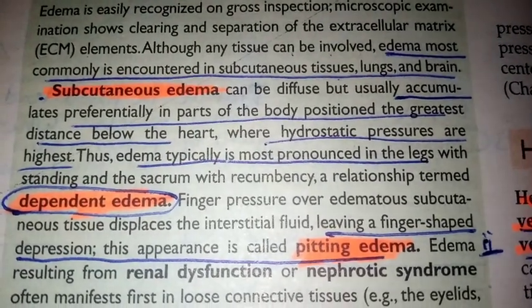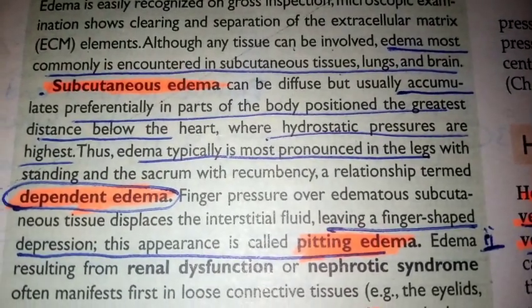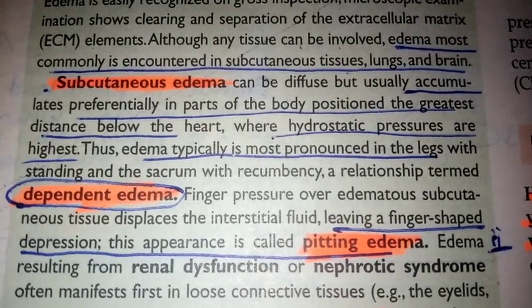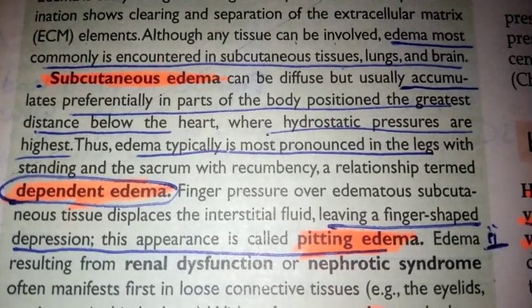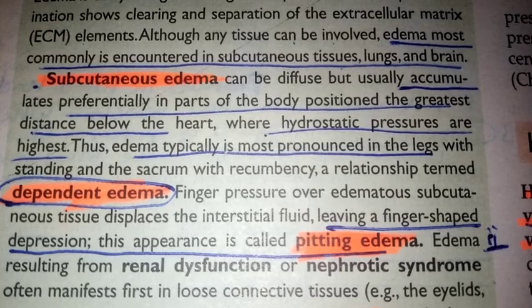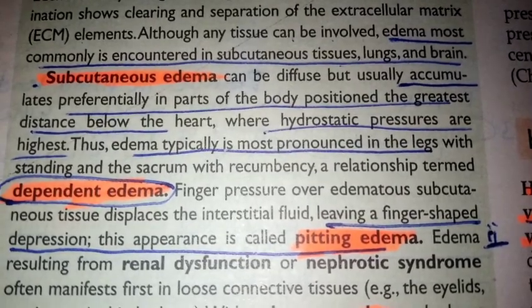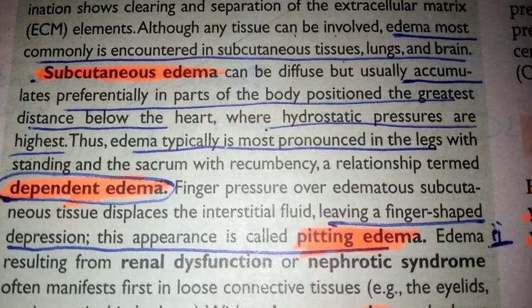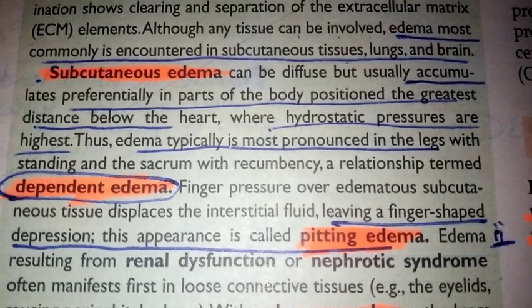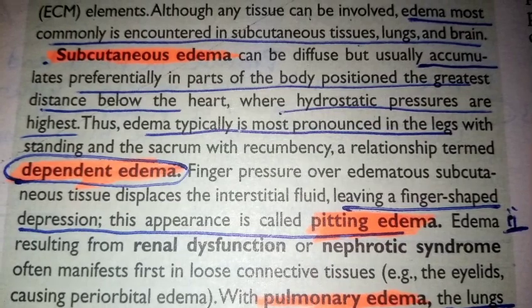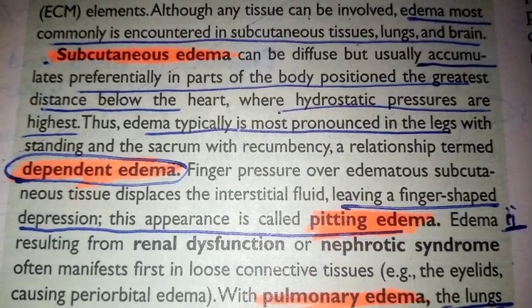Then subcutaneous edema. Subcutaneous edema can be diffuse but usually accumulates preferentially in the parts of the body positioned the greatest distance below the heart, where hydrostatic pressure is highest.